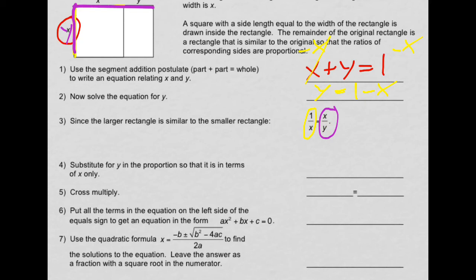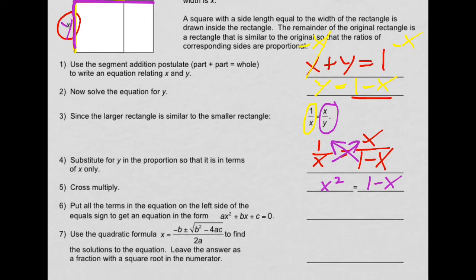So we'll have 1 over x equals x over, remember this guy right here, 1 minus x. And then cross multiply, alright? So we multiply the quantity 1 minus x times 1, and x times x. So we get x squared equals 1 minus x, right?